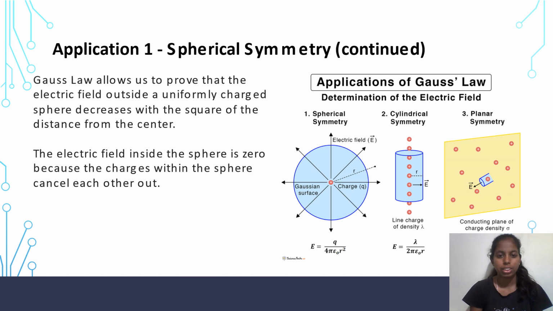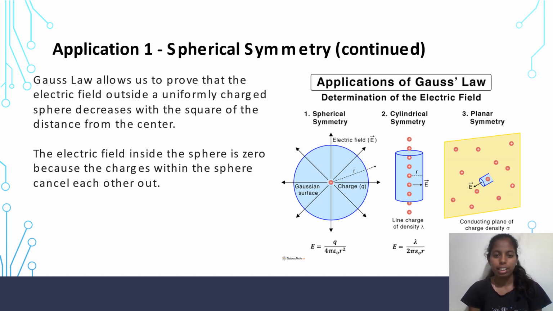This says that the electric field located outside the sphere will decrease as the radius of the sphere increases. In this formula, the radius is inversely proportional to the electric field, hence the electric field decreases when the radius increases around the spherical shape.